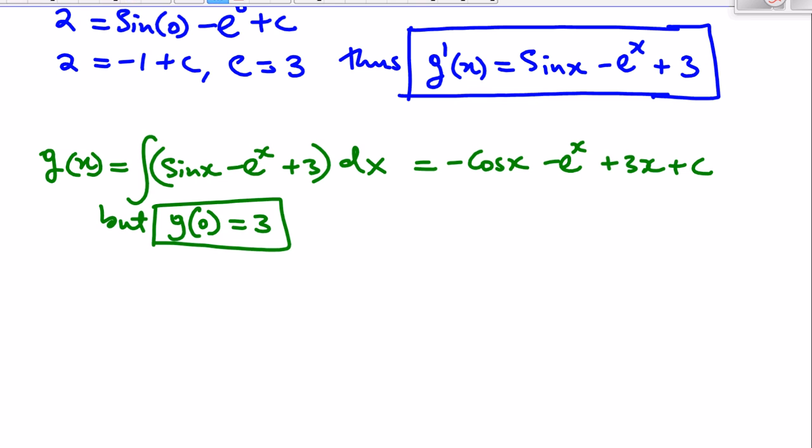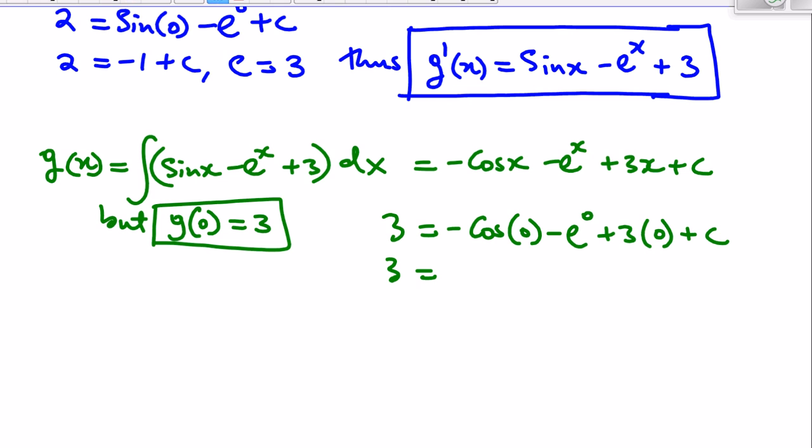What we'll end up with is 3 is equal to negative cos 0 minus e to the power 0 plus 3 multiplied by 0 plus c, which will be 3 is equal to, because cos 0 is 1, negative 1 minus 1 plus c, because 3 multiplied by 0 is just 0.